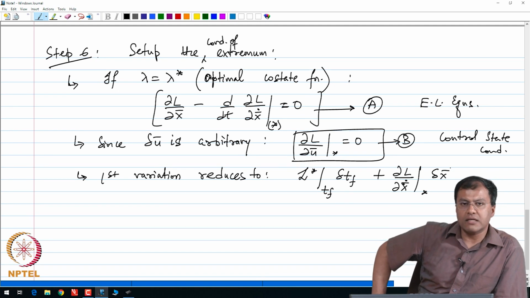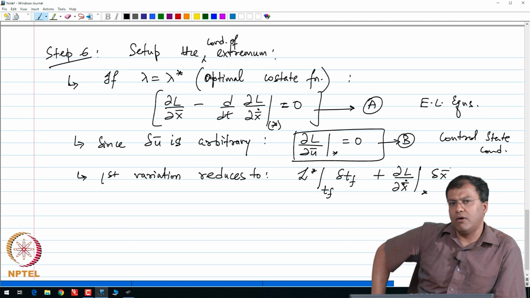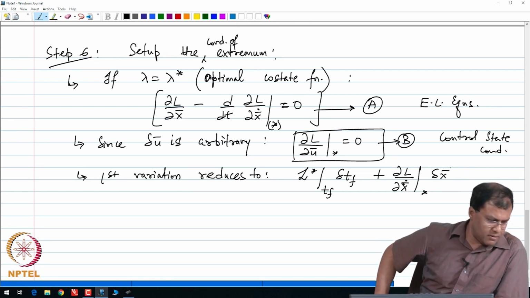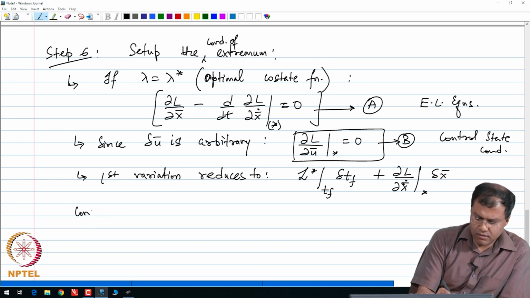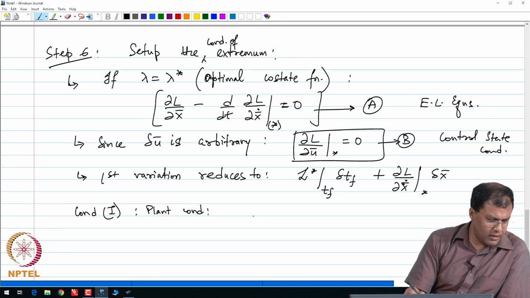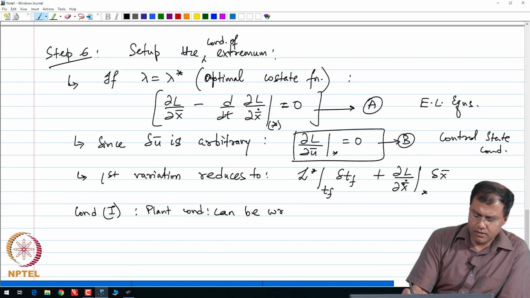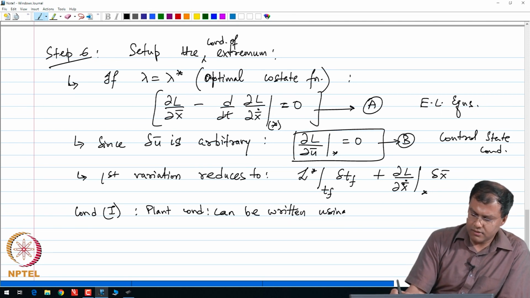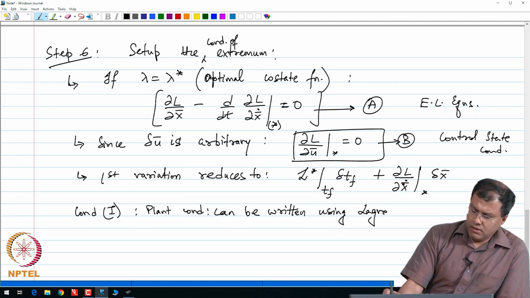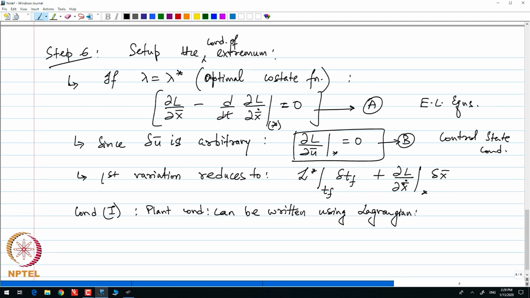We also have the plant condition, which is the non-holonomic constraint, and that can also be found using the Lagrange multiplier setup. So, my condition 1 or the plant condition can also be written using the Lagrangian.